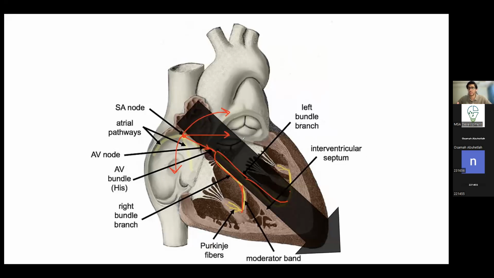So all of the electrical signals that we've talked about so far, where are they going? They're going in this direction, right? Sure, we have some that are going up, some that are going away from this main direction, but if we add them up together and we do some physics, vector and all that stuff, we find out that the main electrical activity, the main wave of depolarization, is spreading from here to here, which is basically going down the left, or going down in the same direction as the heart is arranged, right?